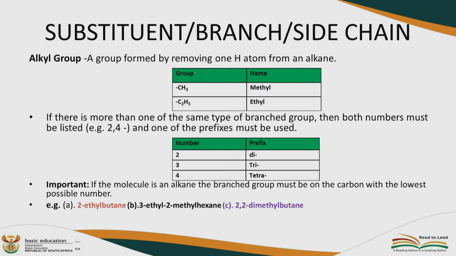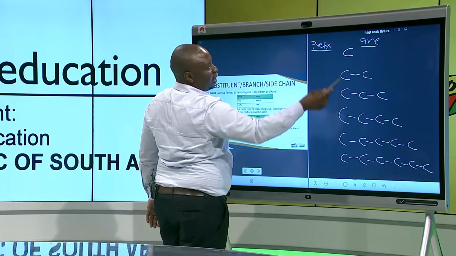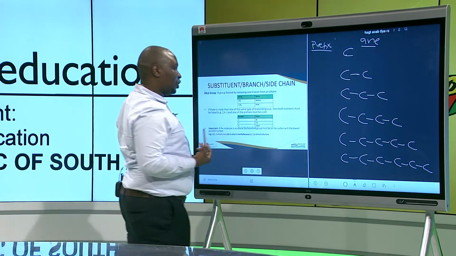We said depending on the homologous series, if it's an alkane, it will give us the suffix. Suffix comes from the homologous series, whereas prefix comes from the number of carbons. So all you do, you are counting the numbers. If 1 is meth, 2 is eth, in that fashion, you do like that.